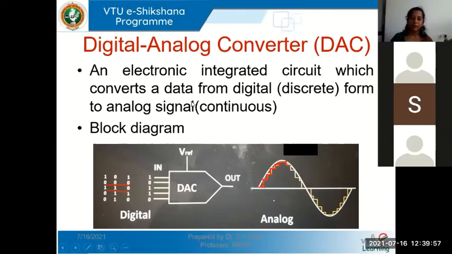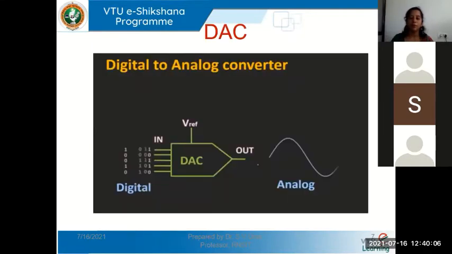So how do you define a DAC? It's an electronic integrated circuit which converts data from digital or discrete form into analog or continuous form. I have already shown you this diagram where digital data in the form of binary numbers, 0, 1, 1, 1, 0, 0, whatever, is given as input to a DAC with the reference voltage Vref connected, and the output is an analog signal, as you can see.